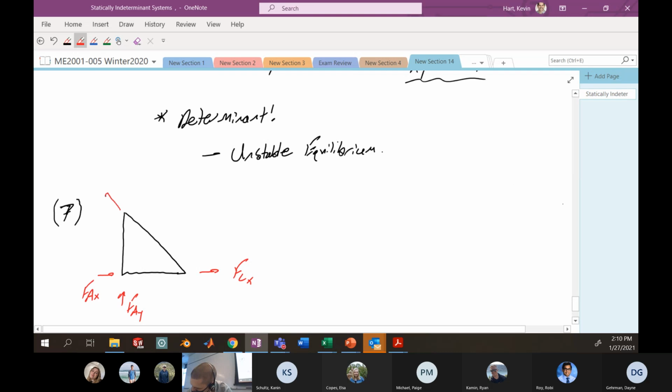And then here we have this force that's acting up and to the right, which we might call the force at B. This is one singular force that's in the direction of that link. And we know that this angle theta is the same as this angle theta. It's assumed from the image.